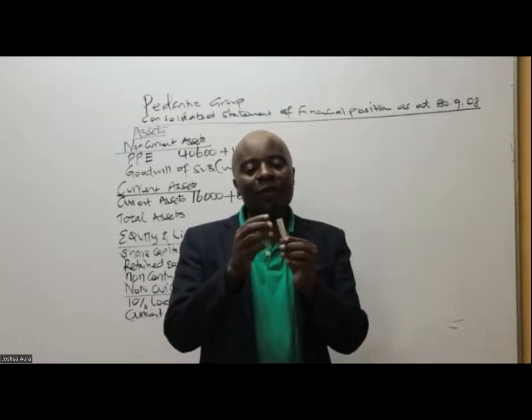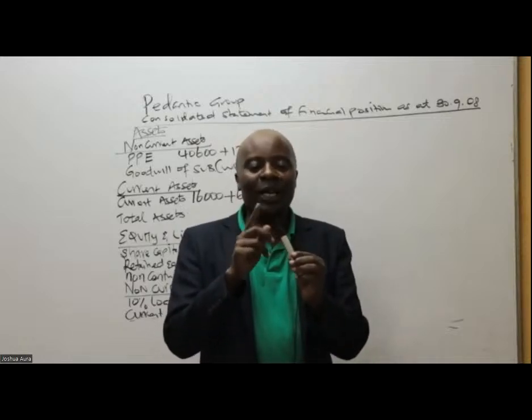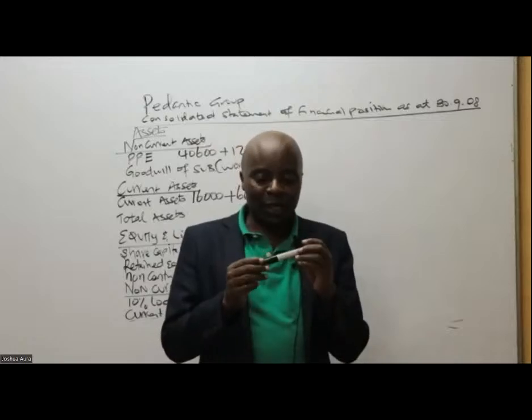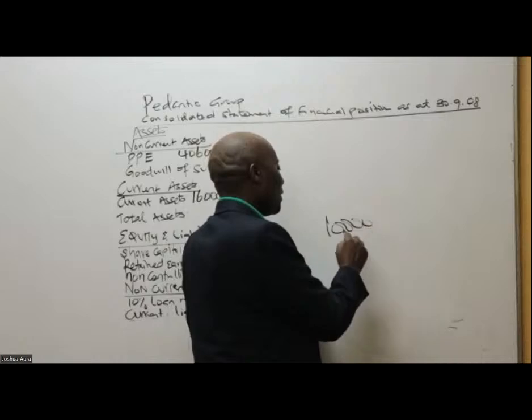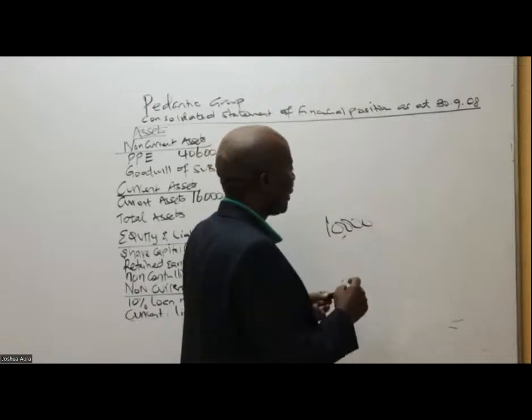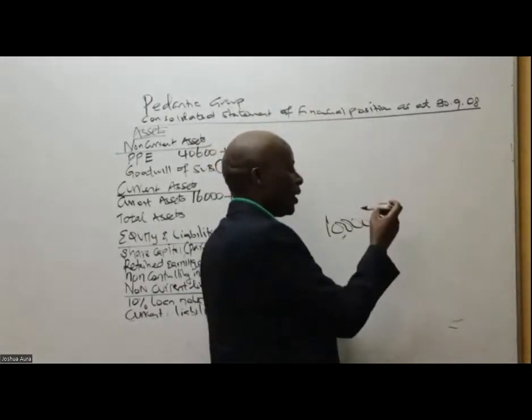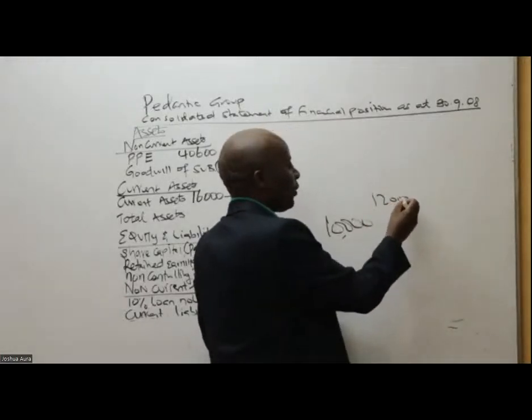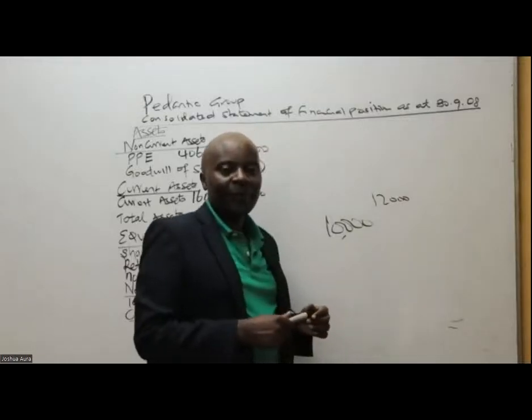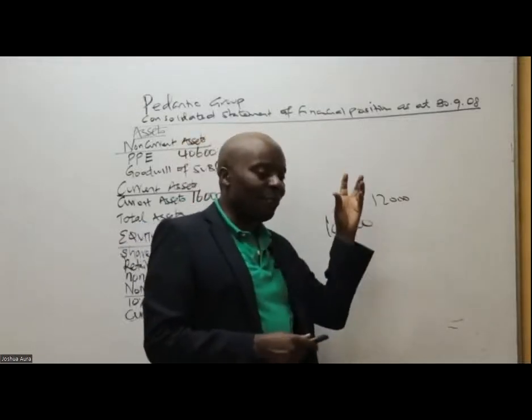So at times we'll be having an asset. This is a motor vehicle. I'll be depreciating it. So in my book, I have it at 10,000. But this expert will come and tell you, ladies and gentlemen, that if you take this car to the market today, you'll be able to get 12,000. So it means that I must increase my books.